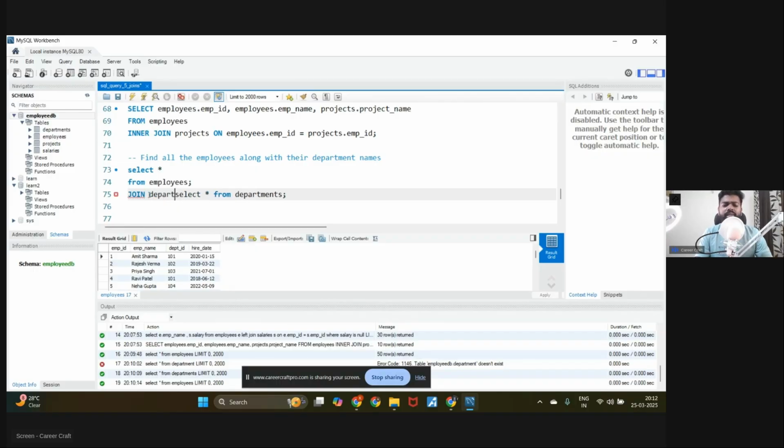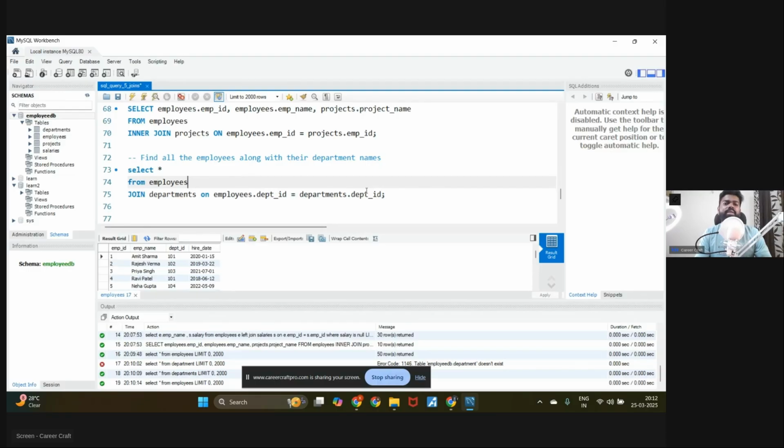You will join departments on employees dot department ID is equal to departments dot department ID. Done. That's the only thing that you need to do. So simple code.